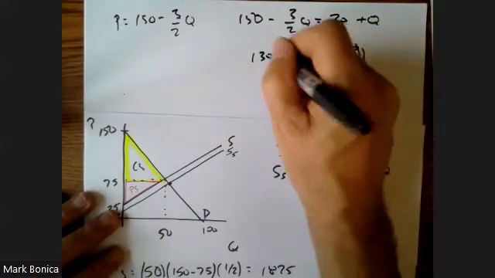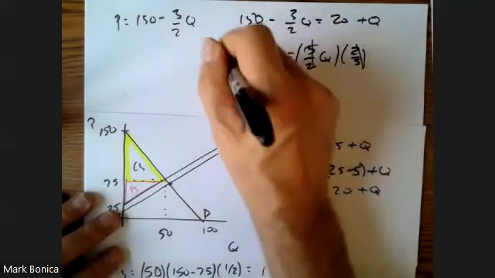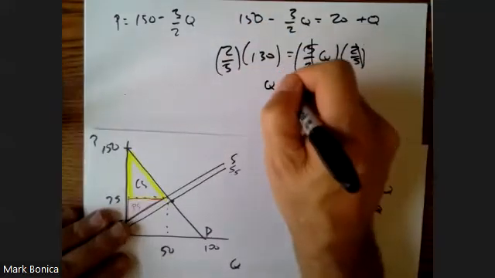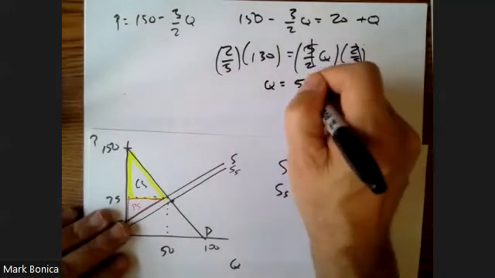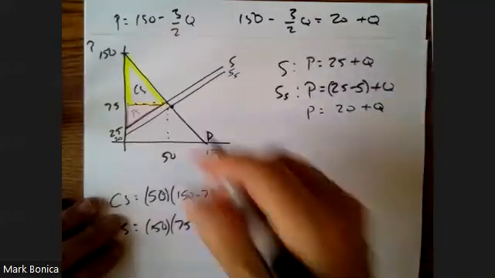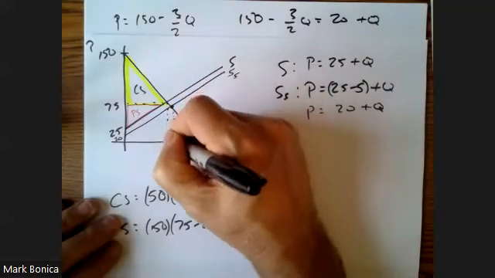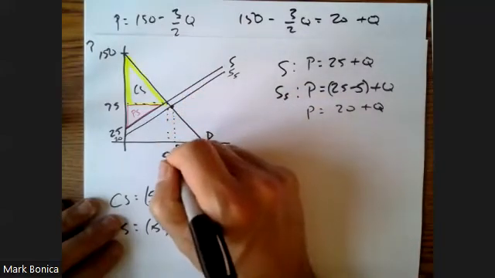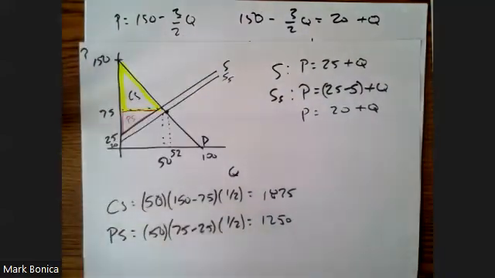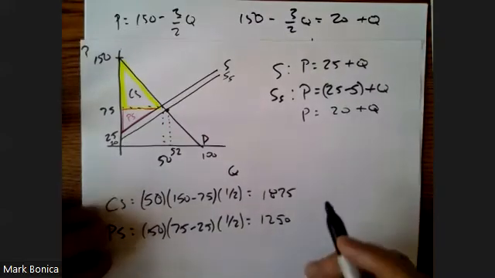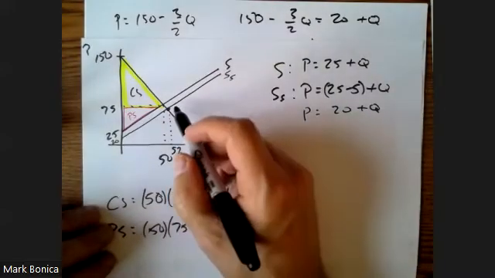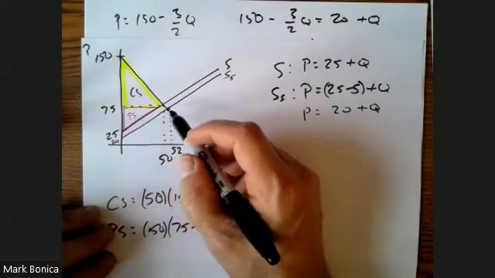That cancels this, and then 2/5 here, and we get Q is equal to 52. So not a big change. But she is willing to do 2 more visits under subsidy.